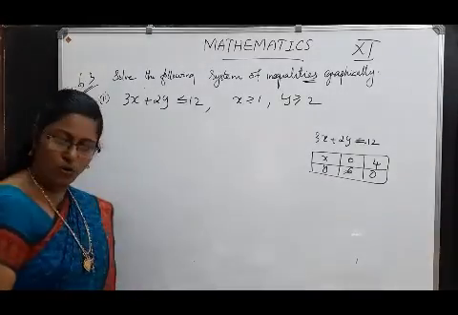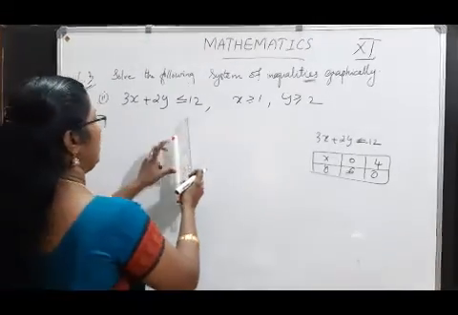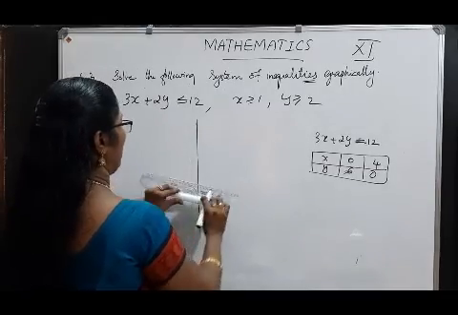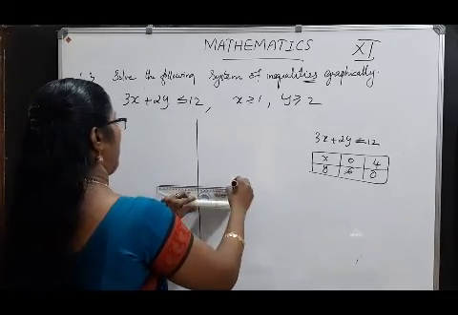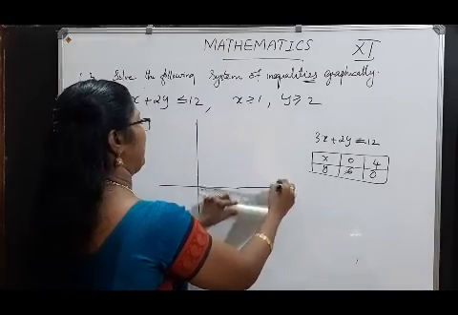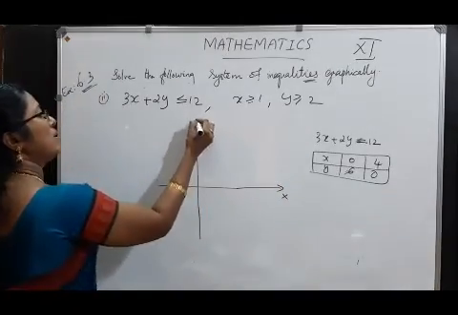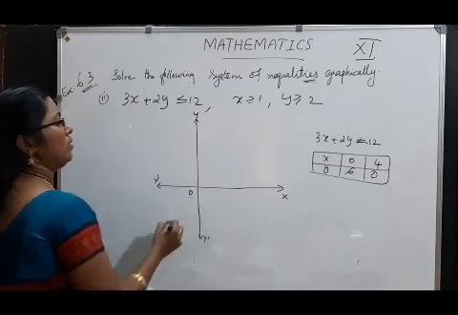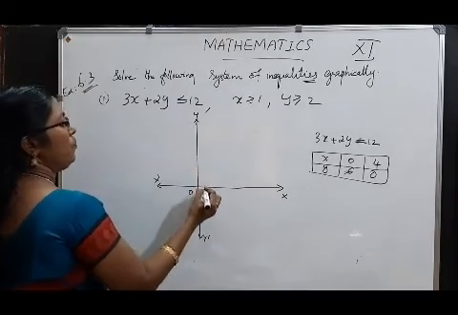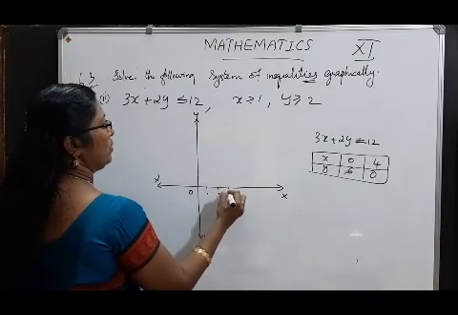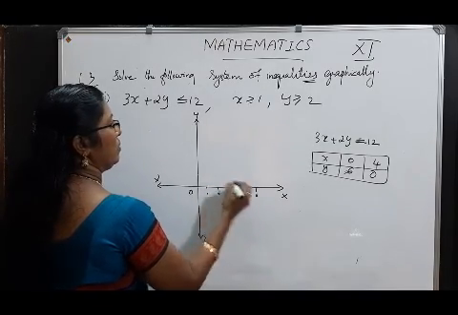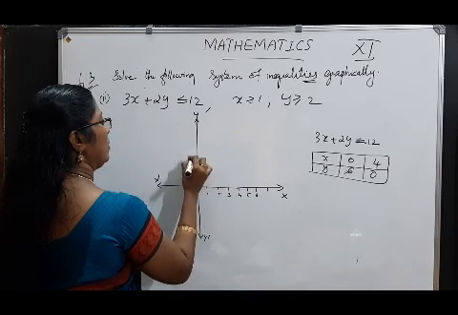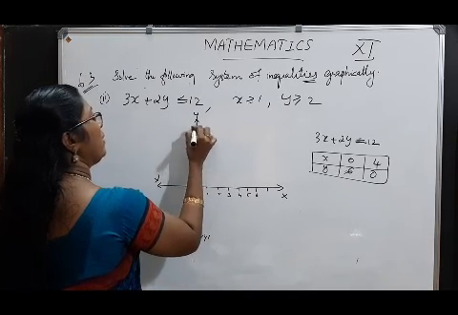Then draw the axes, origin, 0, 1, 2, up to 5, 6.